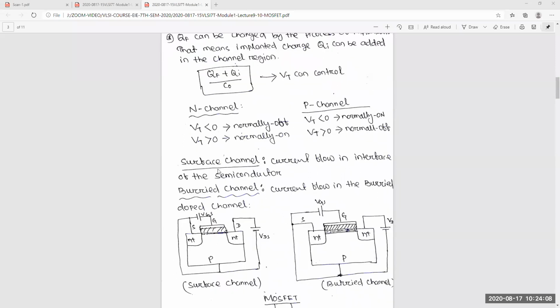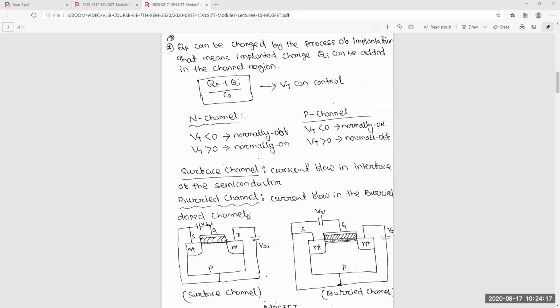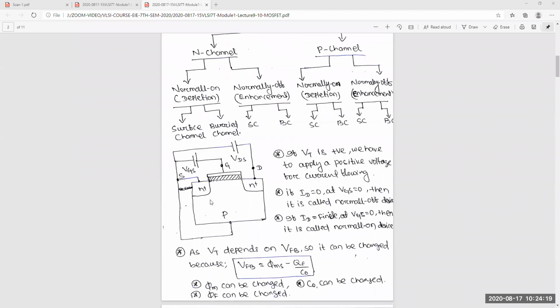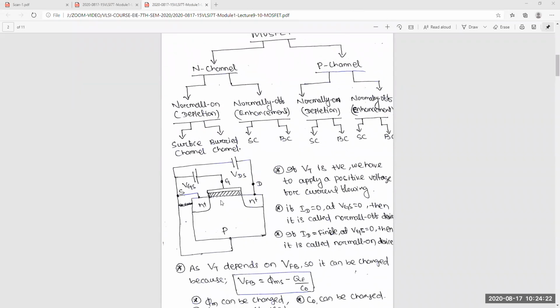The surface channel, as already said, has current flowing at the interface of the semiconductor, and in the buried channel, current flows in the buried doped channel. We have already drawn this in the last slide.